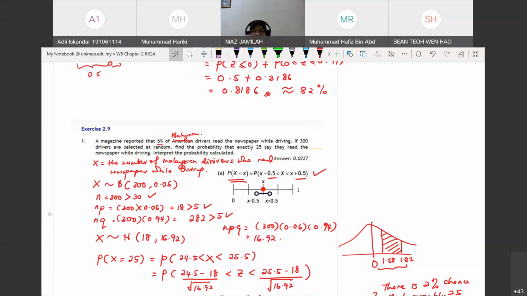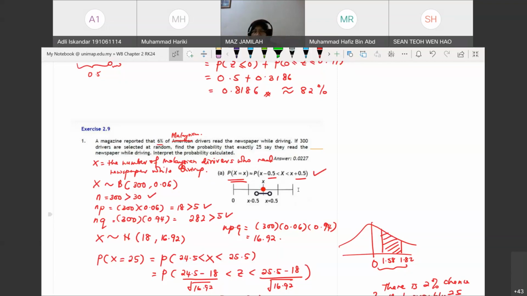Then you have to check if the approximation using Poisson is applicable, and if it's okay, you can use the Poisson approximation of binomial. And you can also use the normal approximation. How? Just check the conditions for the normal approximation of binomial. If all the conditions are fulfilled, then we use the approximation.